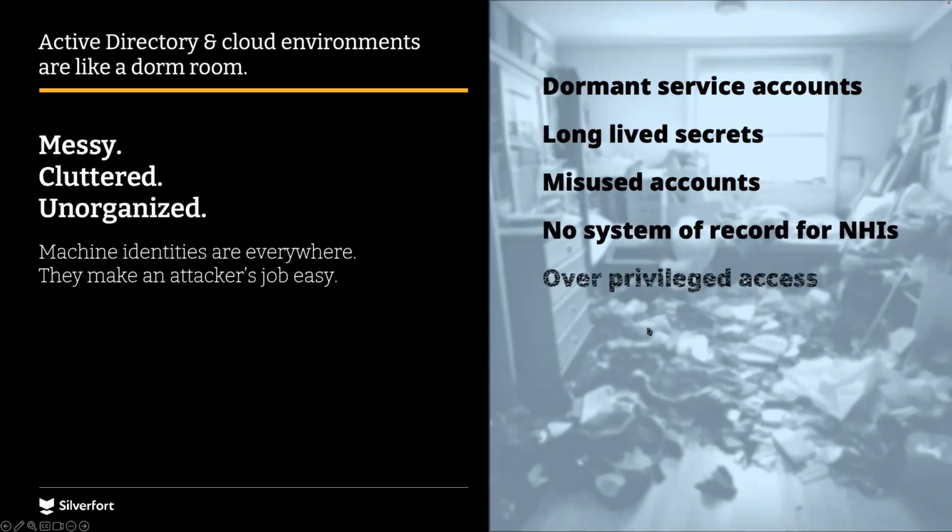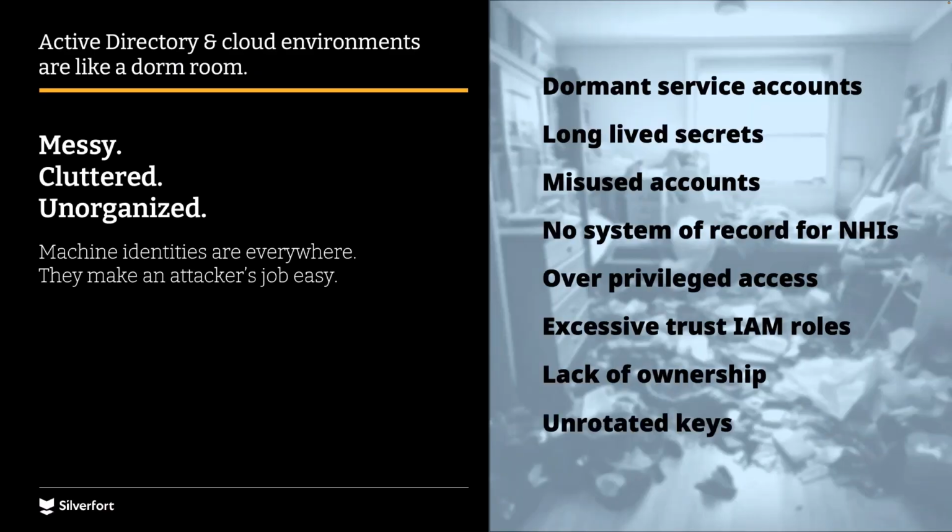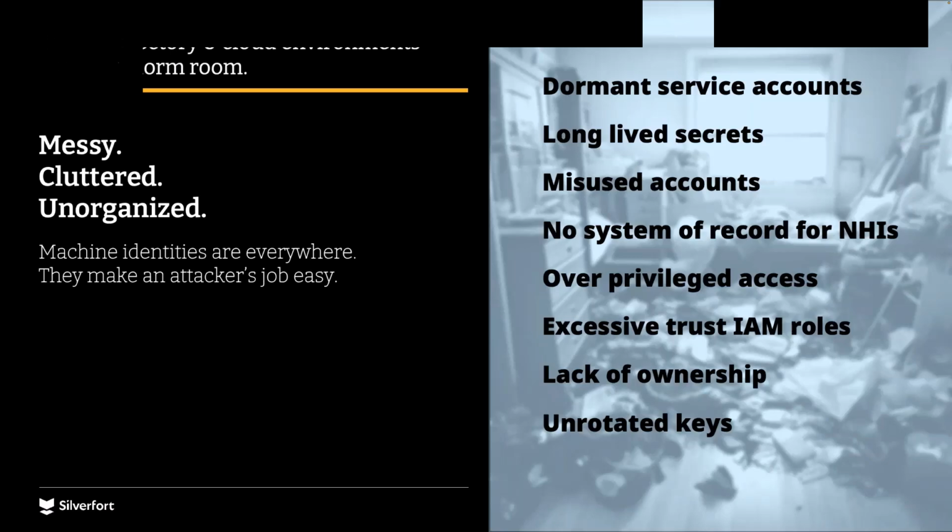There are misused accounts. We don't really have a system of record for the non-human identities, so they're out there, somebody can use them, and we don't know what they are. Even if something is well secured, it's overprivileged, so there's an unnecessary attack surface that the attacker can use. So even if he got into a weak identity, if this identity is overprivileged, we're done. And many, many more things.